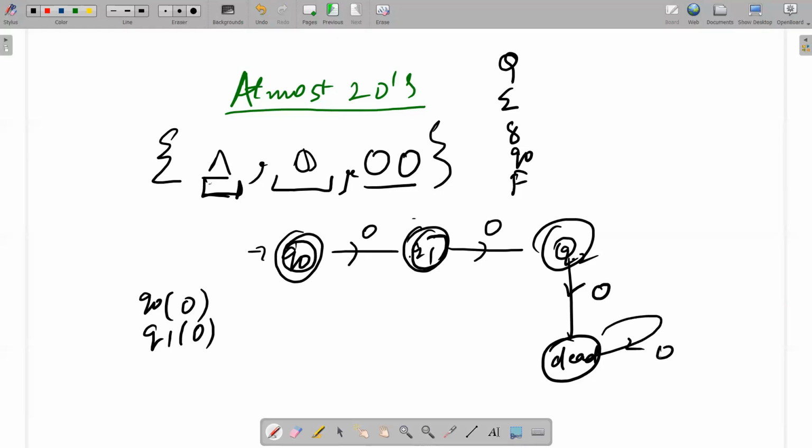So this is how this question is done, at most 2 zeros with single input symbol. I hope you got the required explanation of how a single input symbol is used. So there are many scenarios you can form. So I just use the simple basic scenarios, and we'll be doing advanced scenario, the 2 input symbols or maybe 3 input symbols. Thank you.